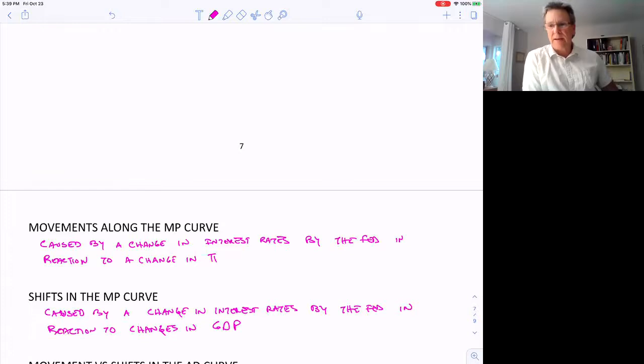Well, they might say that, but we kind of have to figure it out. All we're going to see is a change in interest rates by the Fed, and then we're going to have to try to figure it out based on what they say, whether it's causing a shift in the curve or a movement in the curve. If they're raising the rates because of inflation, then it's a movement. If they're raising the rates because of the economy, then it would be a shift.